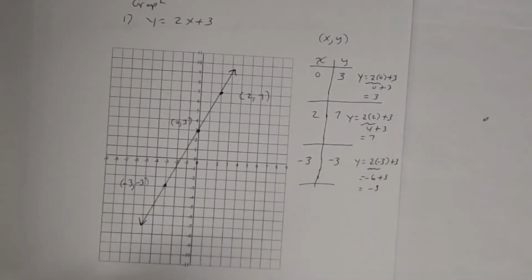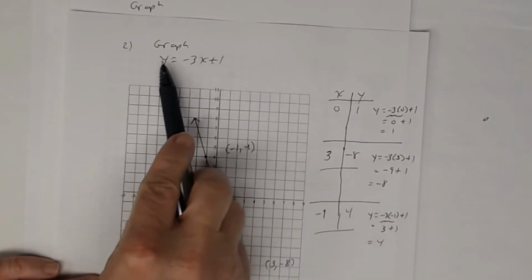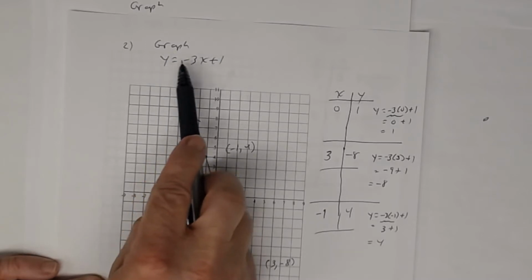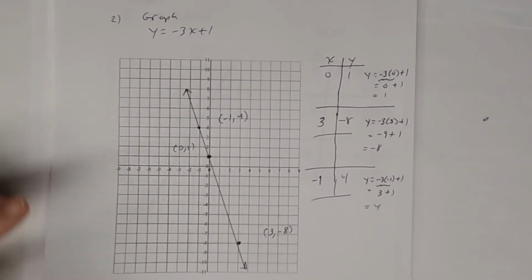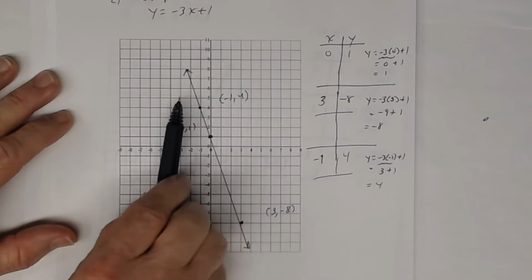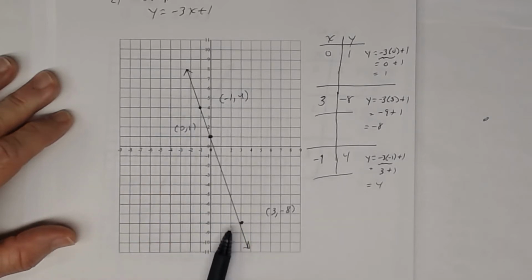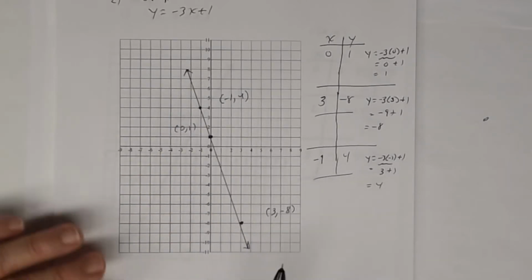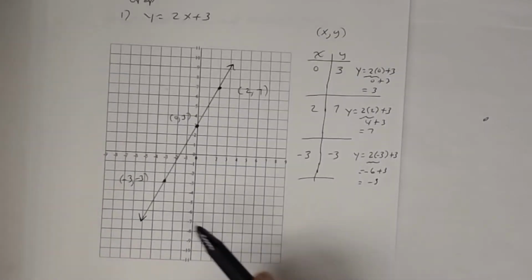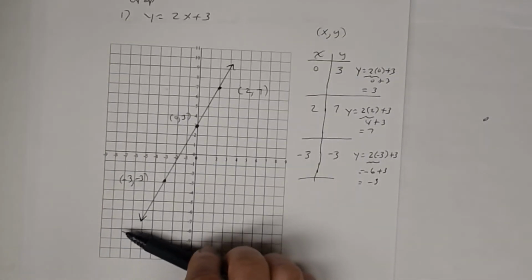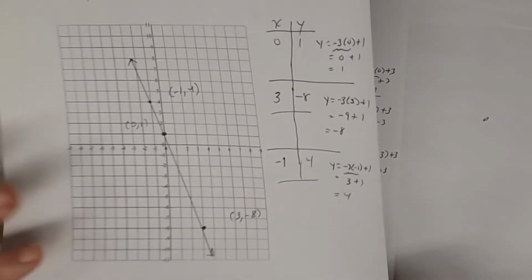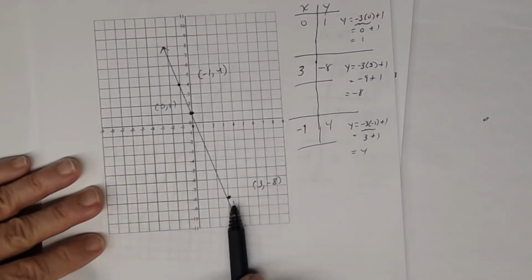Over here, notice this equation has two variables, x and y, and as I go from left to right, my graph is falling. For right now, we're going to use the words: it rises, and over here it falls.